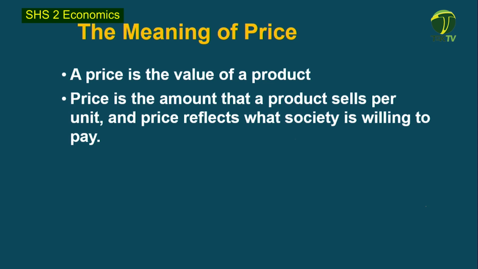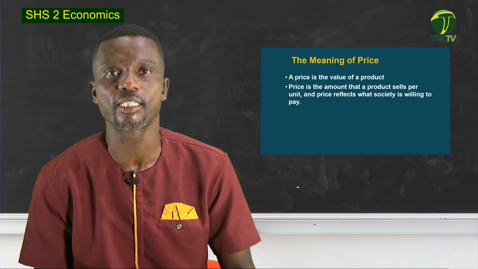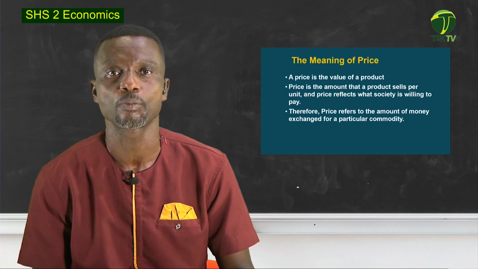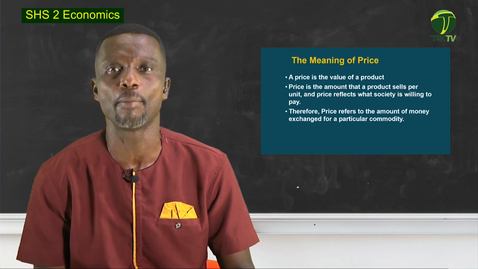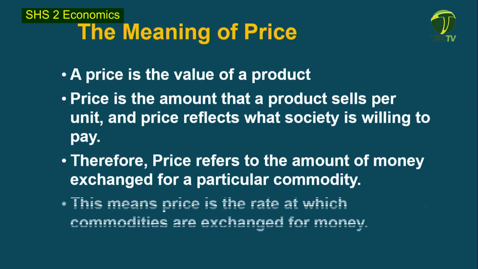So when you go to the market, what you are willing to pay for that commodity is what we call price. Price is the amount of money exchanged for a particular commodity. And this means price is the rate at which commodities are exchanged for money.